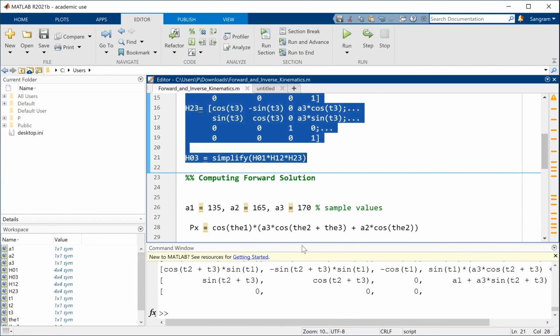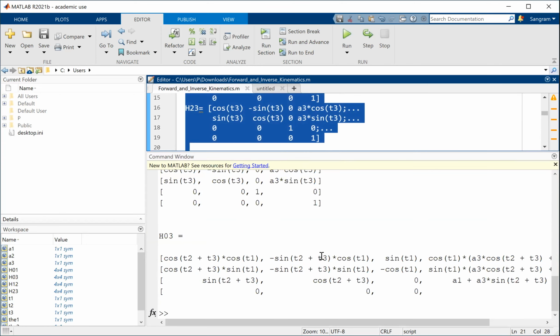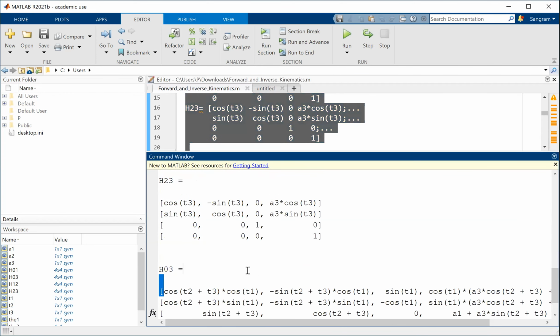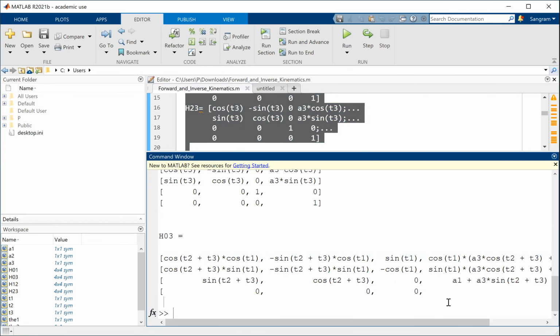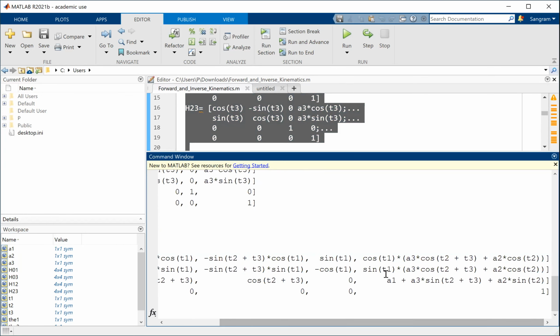This 0H3 is going to be this big matrix, wherein the first 3 by 3 matrix is going to be the orientation information. And this is Px. Do you agree with me? This is Py. And this is Pz.